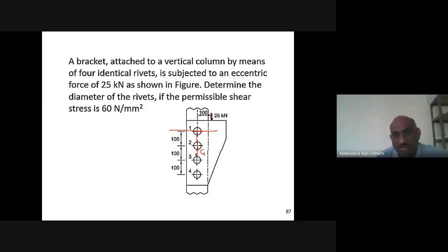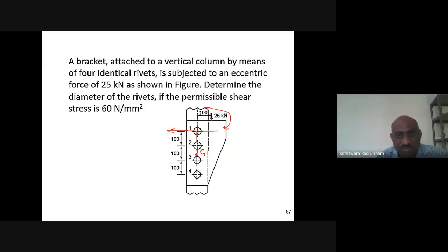This load is creating a clockwise moment about G, so the moment of the reaction is going to be anti-clockwise. So the secondary shear force will act something like this, anti-clockwise, opposite to the load.